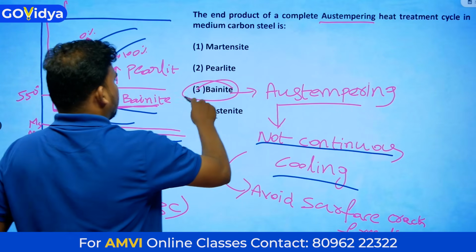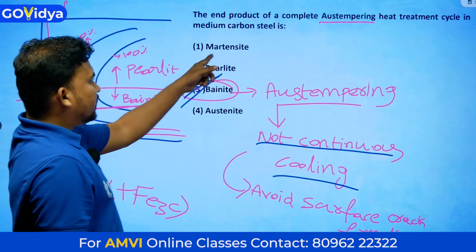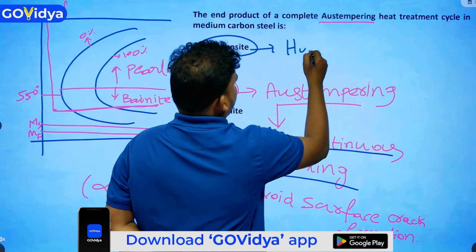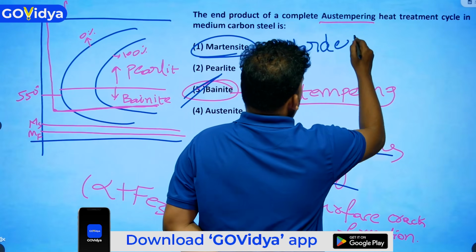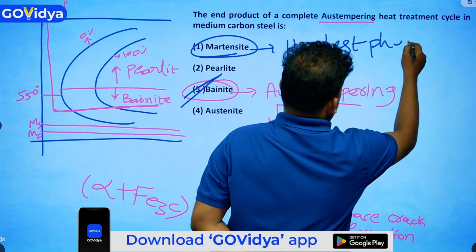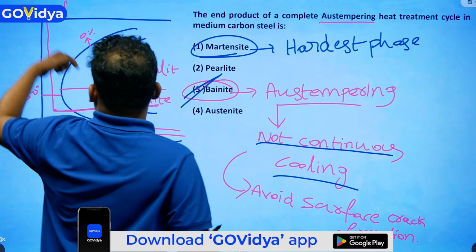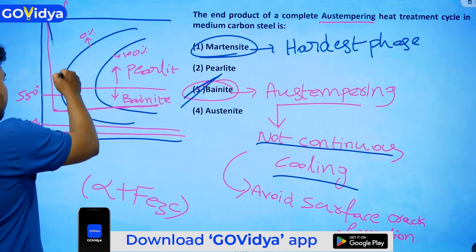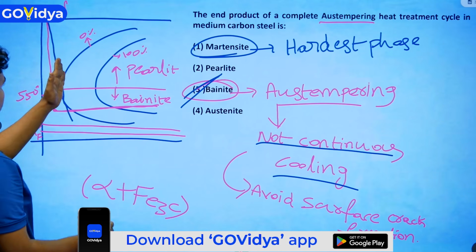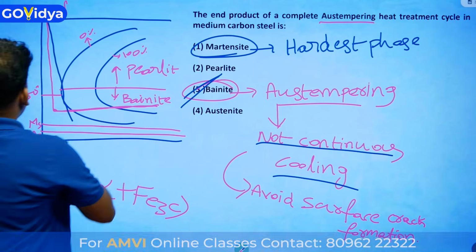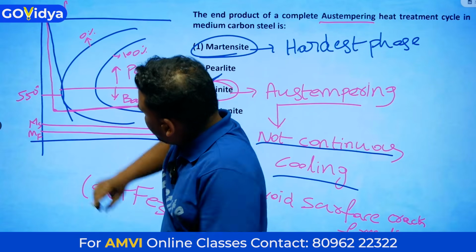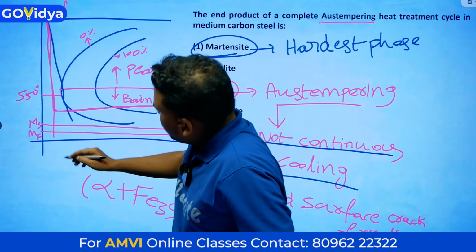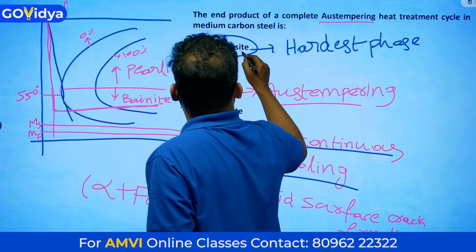The answer is bainite. Martensite is the hardest phase of steel. You will get it when you quench rapidly, meaning above the critical cooling rate. This is the critical cooling rate line. When you cool above the critical cooling rate, up to room temperature, it will touch the MF line, so you will get the martensite phase.